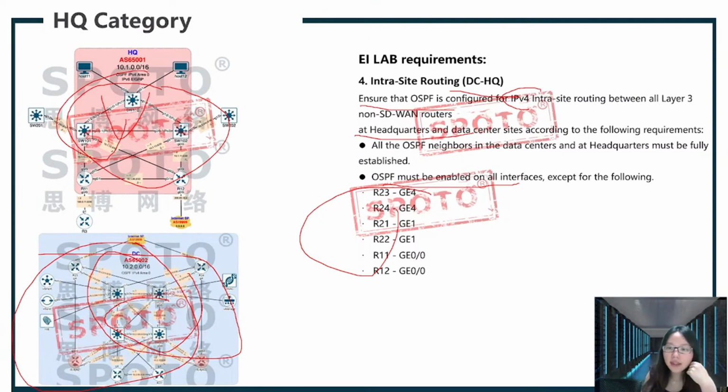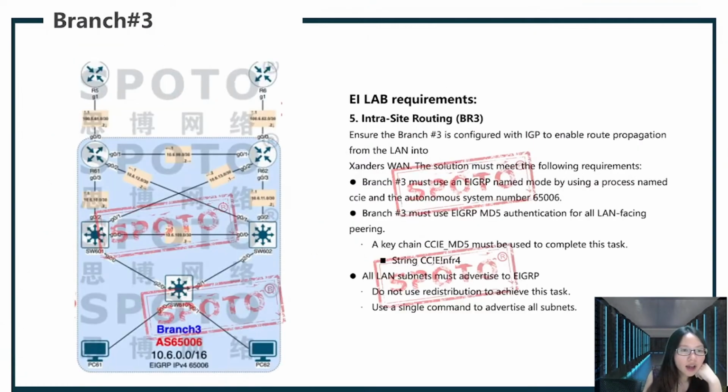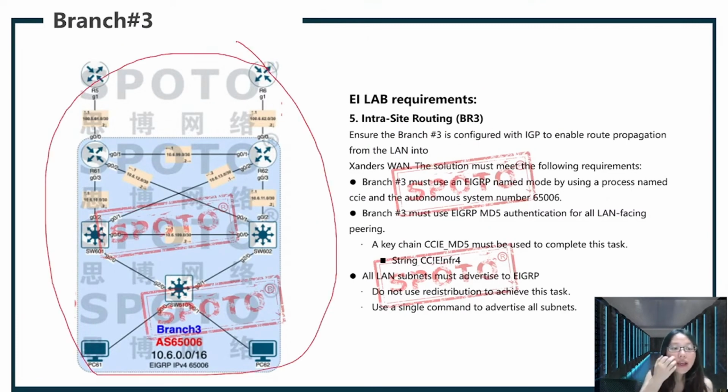Okay, so let's continue. So this part is about Branch 3. Branch 3 is configured with the IGP to enable route propagation from the LAN into the WAN. So the solution must meet the following requirements.